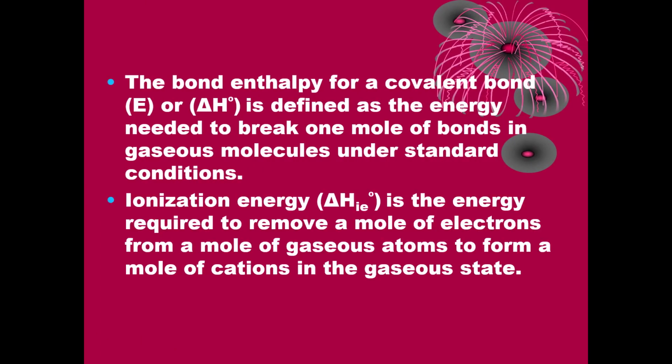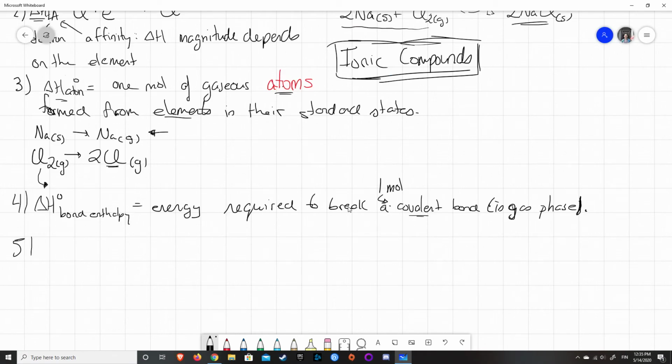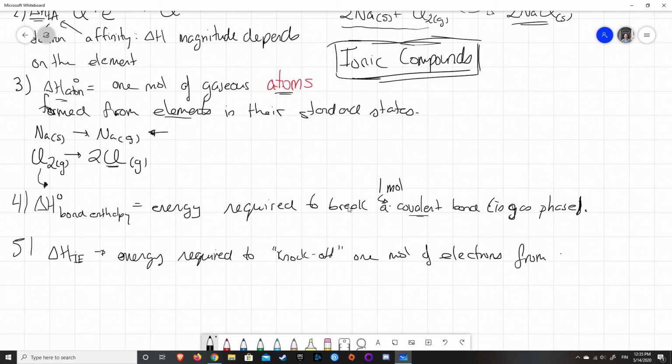Okay, let's look at the ionization energy. Remember, this was our tricky one that we did in Unit 2. It's gaseous atoms again. So delta H of ionization energy, and this was basically the energy required to knock off one mole of electrons from an atom in its gaseous state.